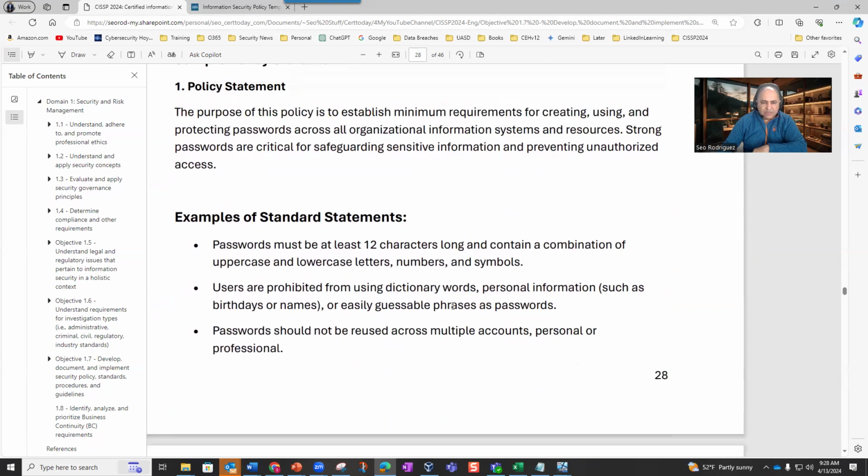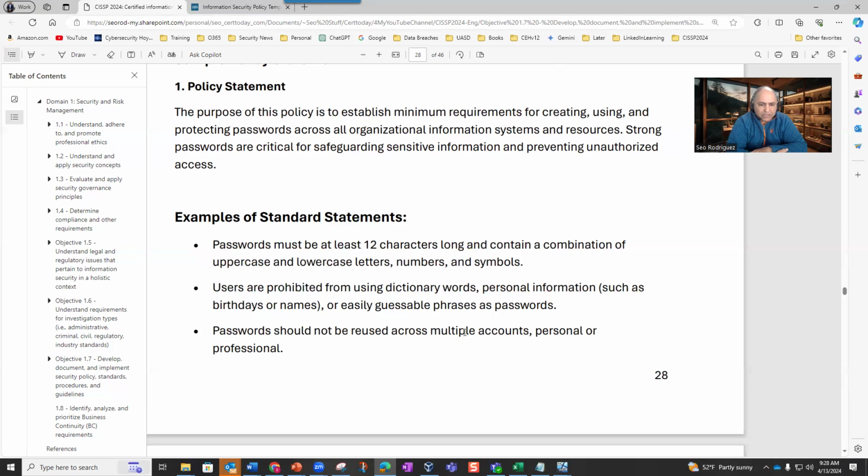Examples of a standard statement could be something like: passwords must be at least 12 characters long and contain a combination of uppercase and lowercase letters, numbers, and symbols. Users are prohibited from using dictionary words or personal information such as birthdays or names or easily guessable phrases as passwords.